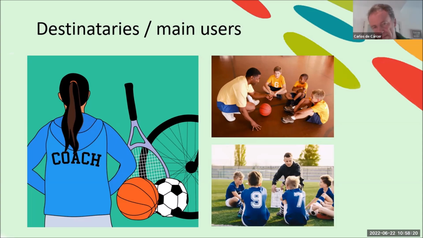So we consider these the main destinataries. But why not? It can be used by anyone. I think every person should have the responsibility to support a victim of discrimination, to try to get to know and to assess and identify a case of discrimination, and how to act beyond the identification. So these are the main destinataries, but definitely it can be used by anyone who has this type of sensitivity, right?